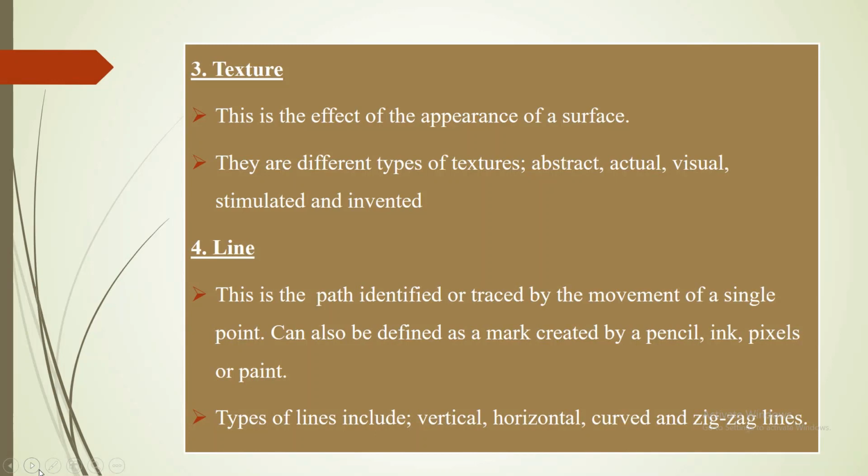Under texture, we can also say that it is the perceived surface quality of a work of art. It can be perceived physically through the sense of touch, or visually, or both. Our experiences of texture in visual art rely on our experiences with the physical world.